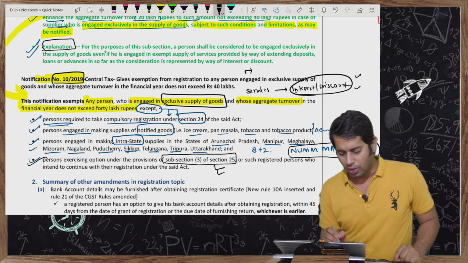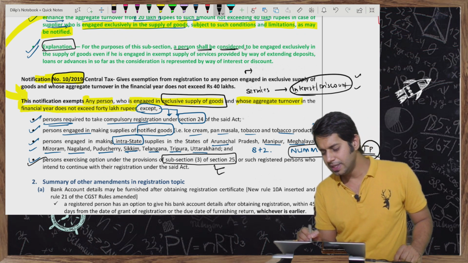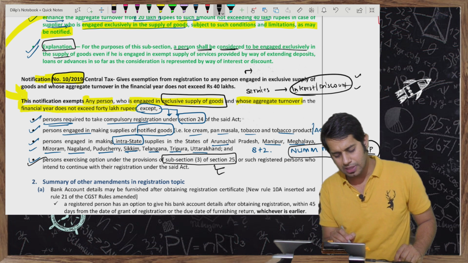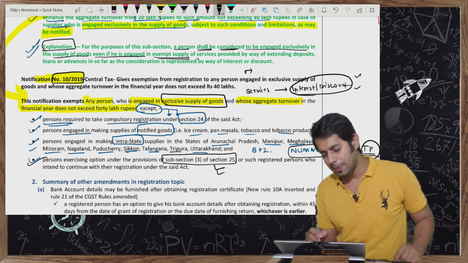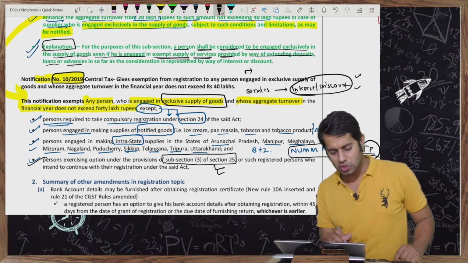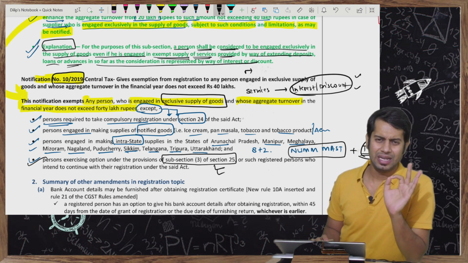What is this telling? For the purpose of this subsection, a person shall be considered to be engaged in exclusively supply of goods even if he is engaged in exempt supply of services provided by way of extending deposit, loans or advances, insofar as the consideration is represented by way of interest or discount.